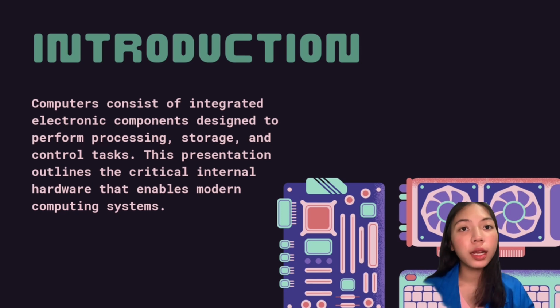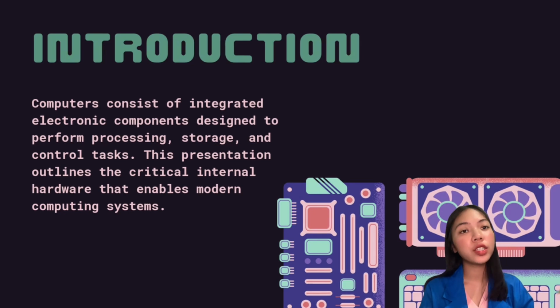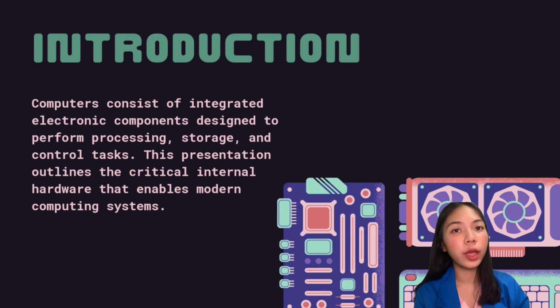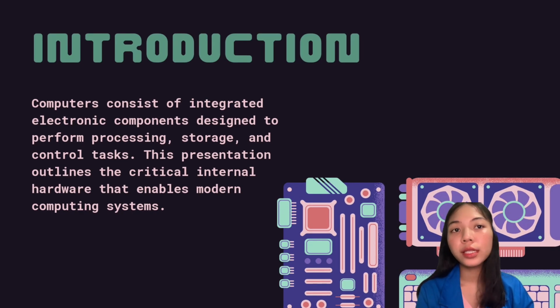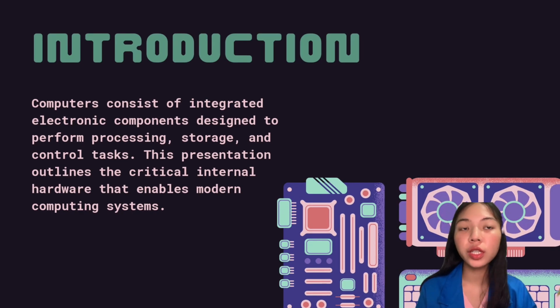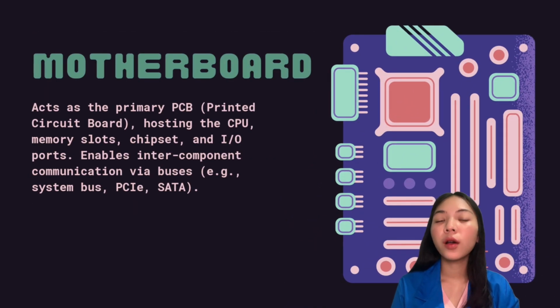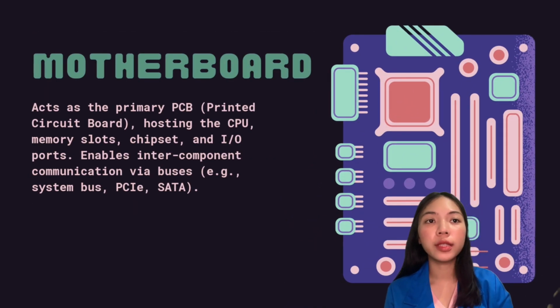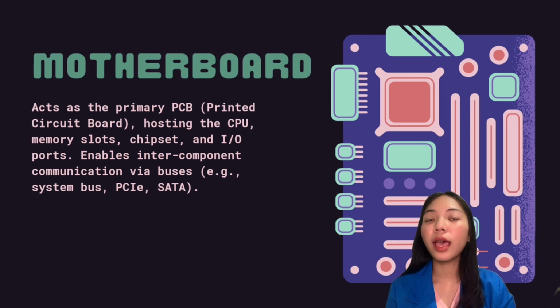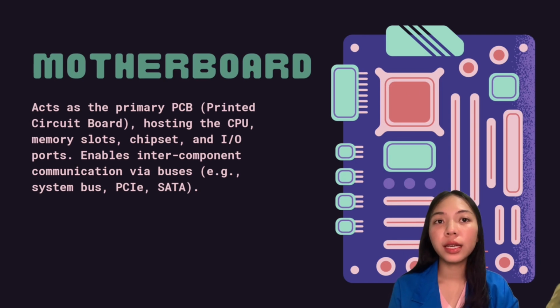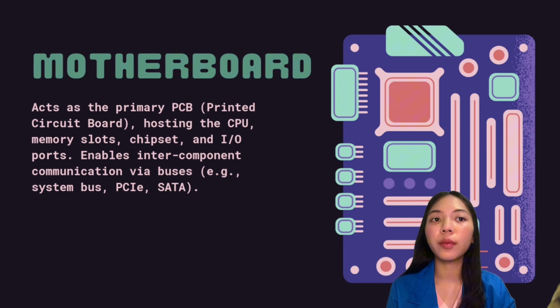A computer is not just a screen and keyboard. The real work happens inside. This presentation introduces the key hardware components and their roles in computation, storage, and control. The motherboard, the primary PCB, hosts the CPU, memory slots, chipset, and I/O ports, and enables inter-component communication via buses.